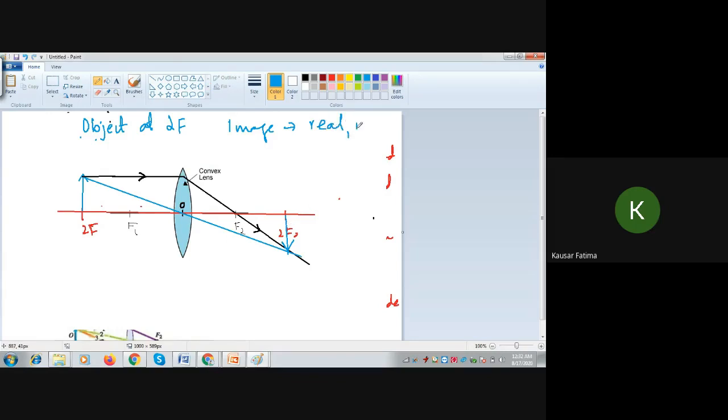Real, inverted, same size as that of the object. So these are the characteristics of the image. If the object is at 2f, the image forms at 2f on the other side.